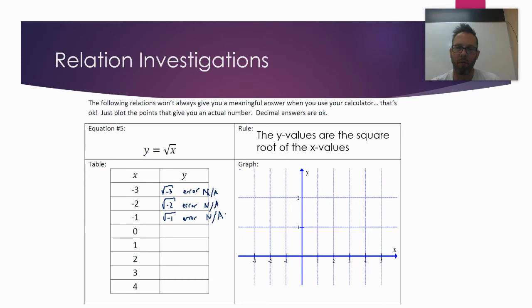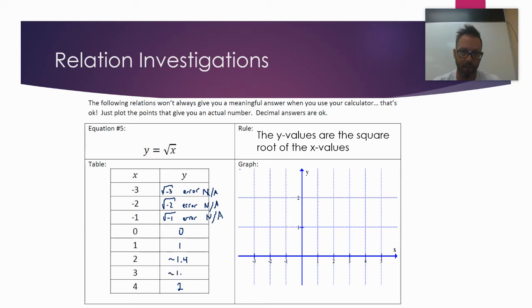But you can do the square root of 0. The square root of 0 is 0, the square root of 1 is 1, and the square root of 4 is 2. And you get some in-between values when you do the square root of 2 and 3. So it's approximately 1.4, just for the sake of graphing it, and the square root of 3 is about 1.7.